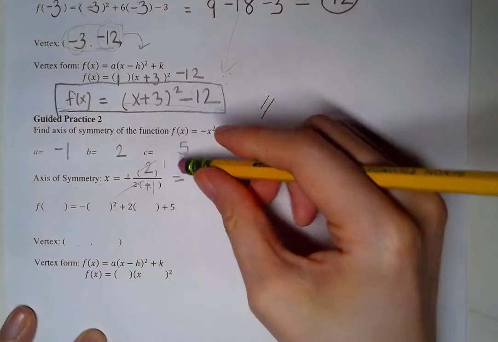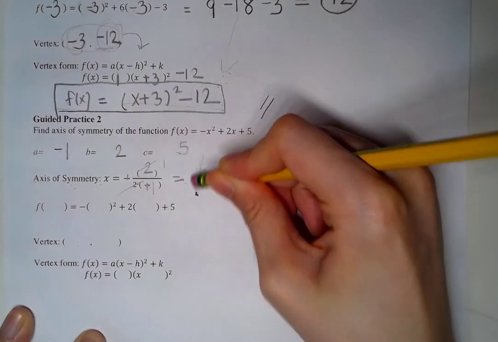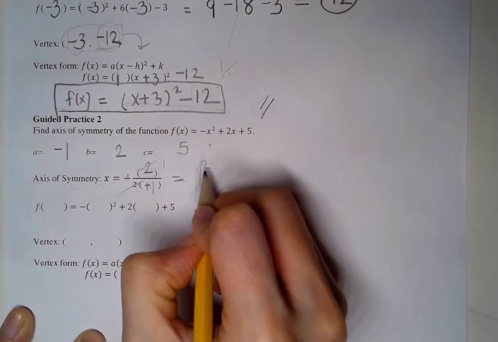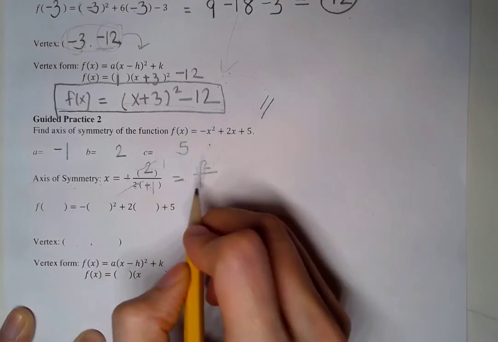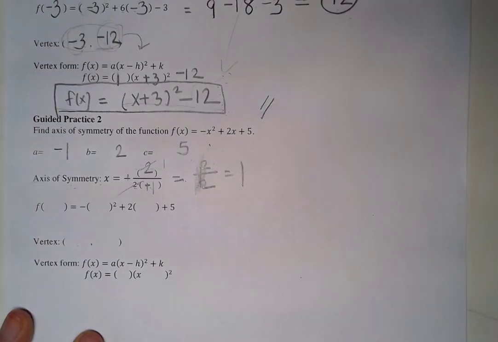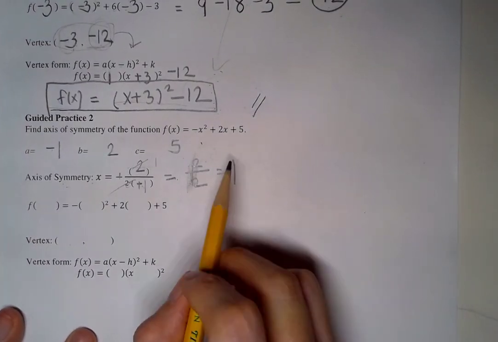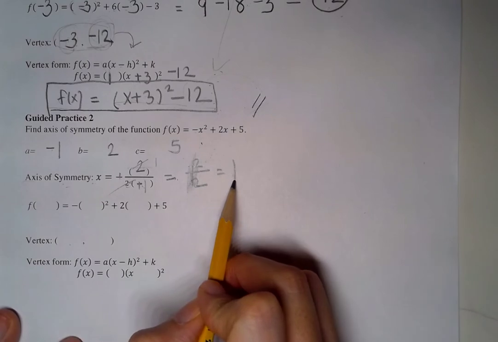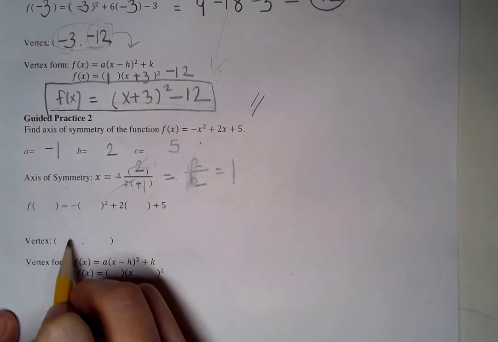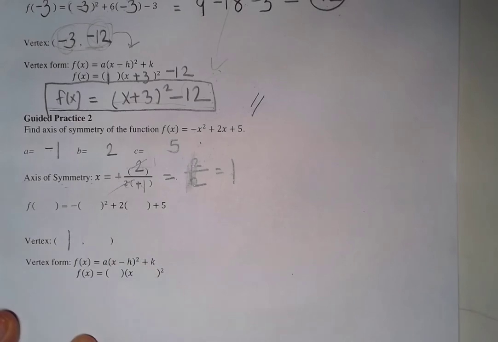Or you can just calculate first. Or you can do this. You only have 2 on the top, so just put 2. 2 times 1, 2. 2 over 2, 1. You can also do this. All right? So my x-coordinate of the vertex, that's my axis of symmetry, but at the same time, that is my x-coordinate of the vertex. So you put 1 here.